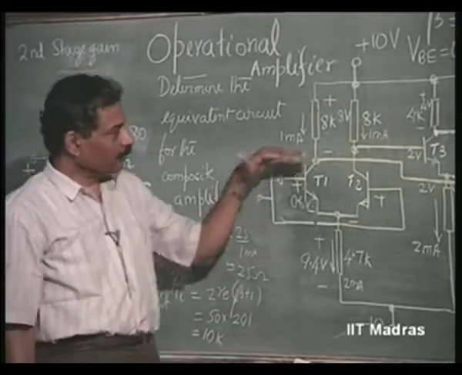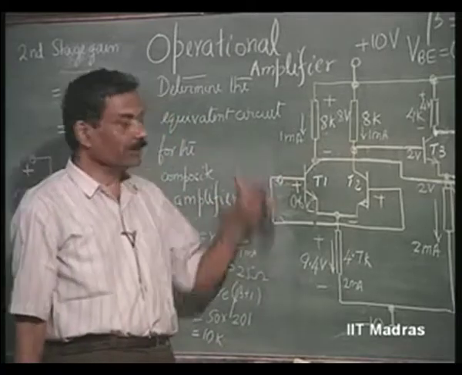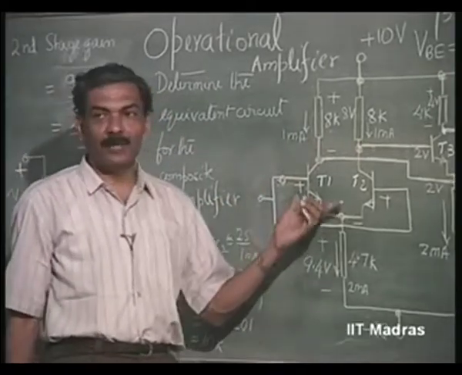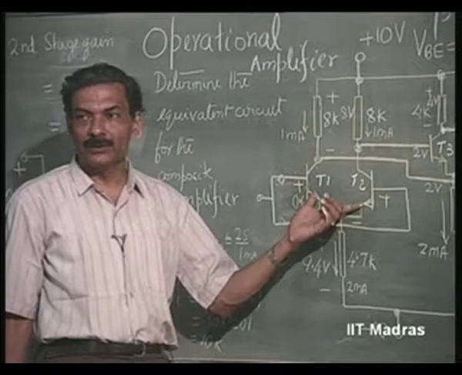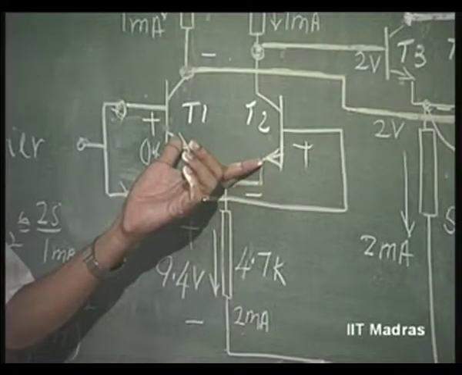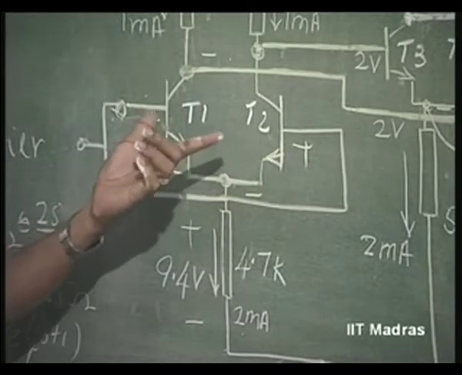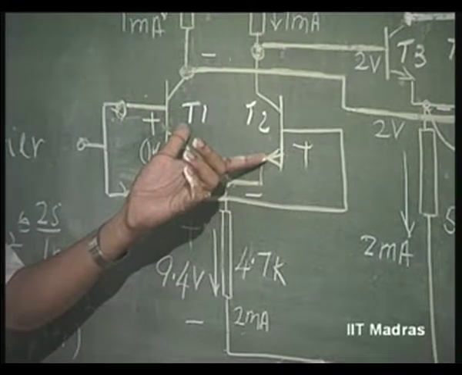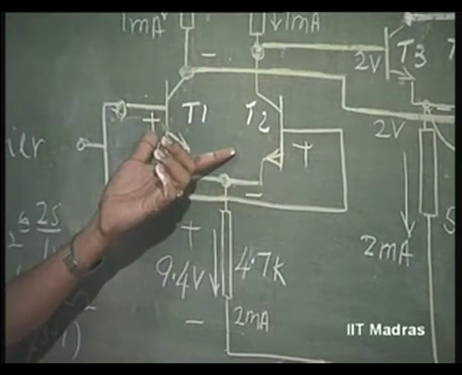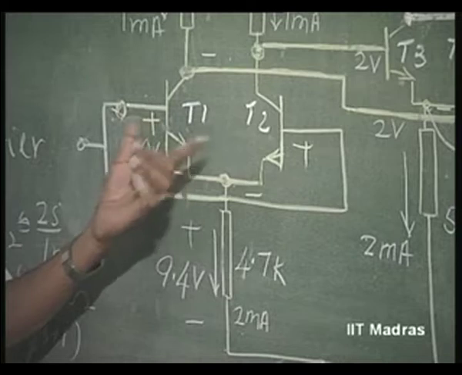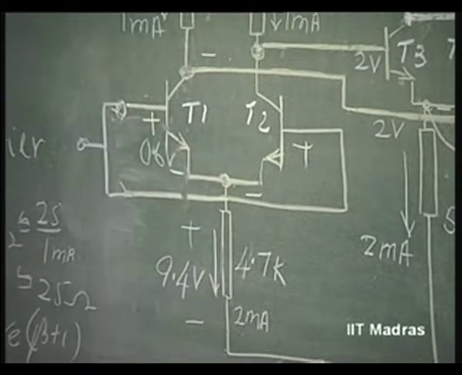So, there is a problem with this. Suppose common mode voltage goes higher, both these transistors will go to saturation, and if both of these go to saturation, okay, there will be a serious problem, which we will discuss later. Okay. So, that is called latching.